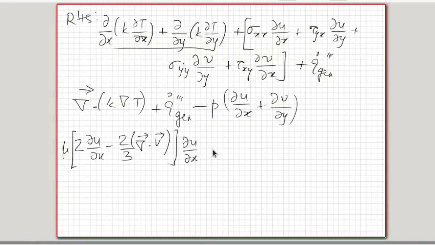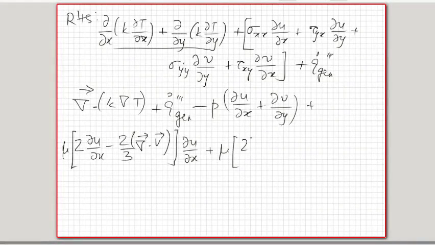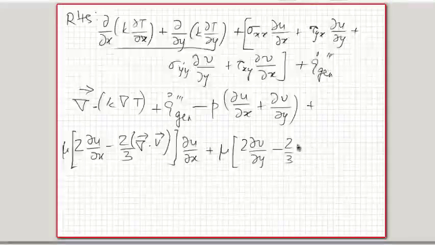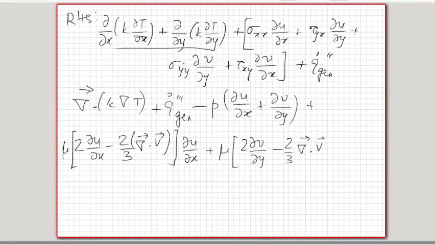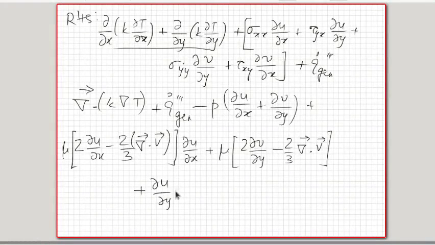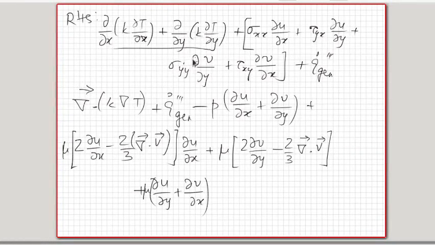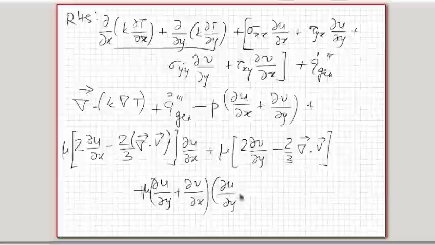Okay, so that is this term, plus I'll write this one, which will be mu times 2 del v by del y minus 2 by 3 into del dot v. Okay, so that is this term, and this term will be plus del u by del y plus del v by del x multiplied by, this also has a mu which will come here, and this tau xy and tau yx are equal to again del u by del y plus del v by del x.